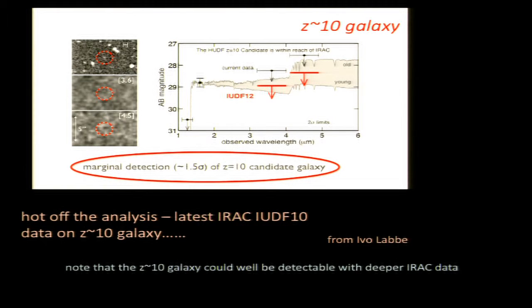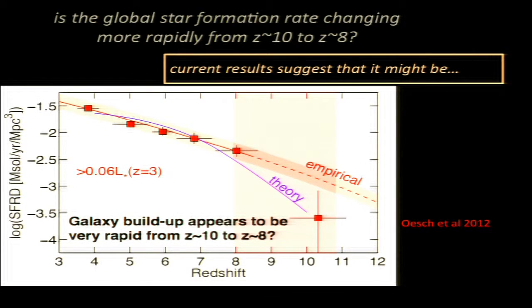But one of the things that is very recent here was we're looking at a new IRAC data set. And Labbé has been looking at this and potential for a marginal detection, but that's not so interesting as the fact that it probably is possible to detect this, unless it's very young, with IRAC, with very deep new data, which we hope to get. So we'll have to see how the current round of proposals goes.